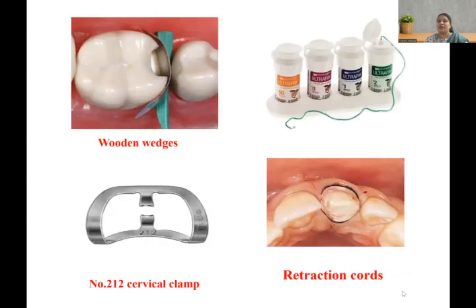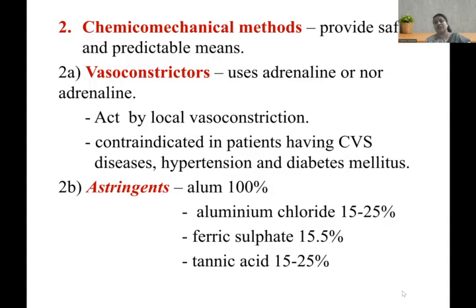Here you can see the gingival retraction cord that is placed into the gingival sulcus before taking the impression. This will control the gingival crevicular fluid and the hemorrhage.